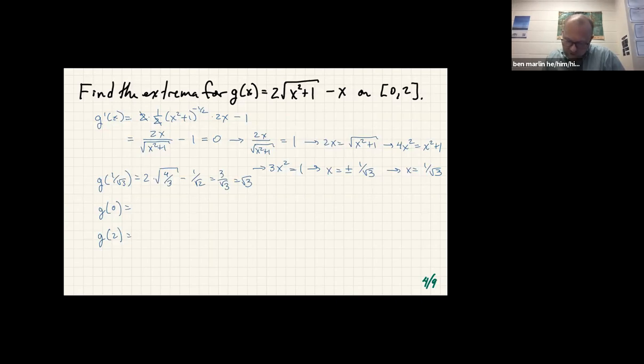Then for g of 0, you'll have 2 times the square root of 0 plus 1, so 2 times 1, minus the 0, so we end up with 2, which is more than the 1.7 for the square root of 3. Then g of 2, we have 2 times the square root of 2 squared is 4 plus 1 is 5, so 2 root 5 minus 2.